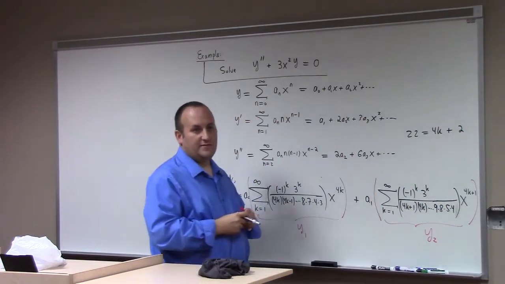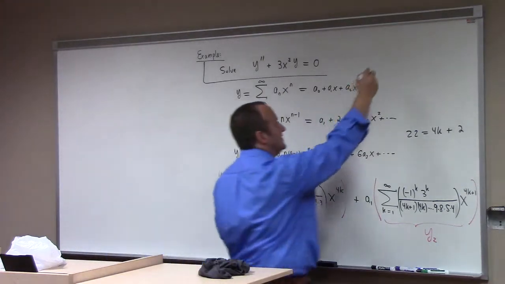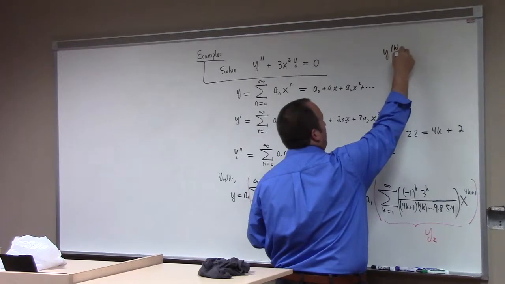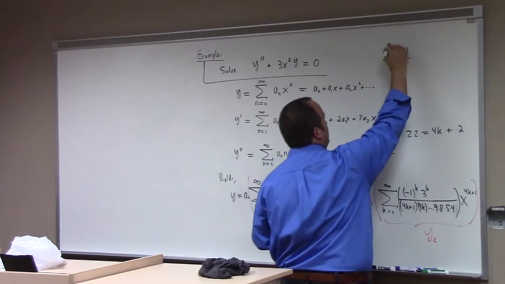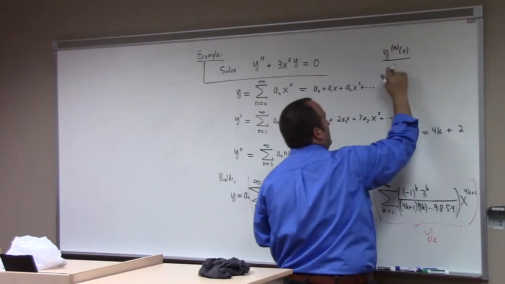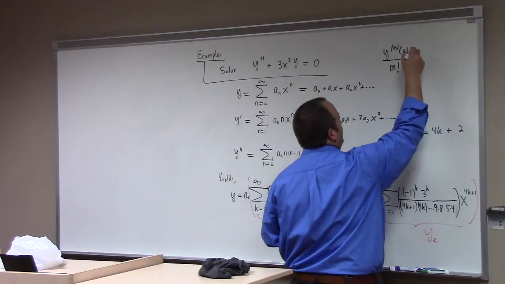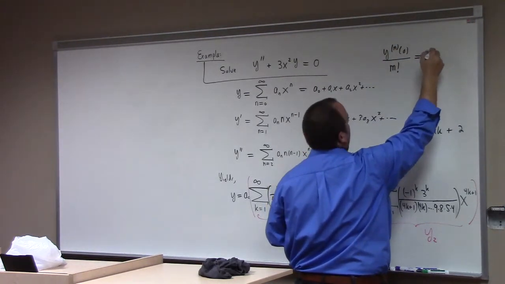Where k equals 5. So we know Taylor's theorem says that if we take the solution and we calculate the m-th derivative of it, we evaluate it at 0, we divide by m factorial, this will be equal to a sub m. I should use something other than k, so let's use m. Yeah, I know, operator overloading.